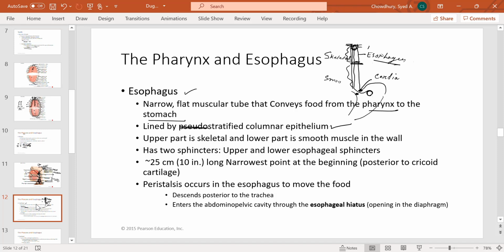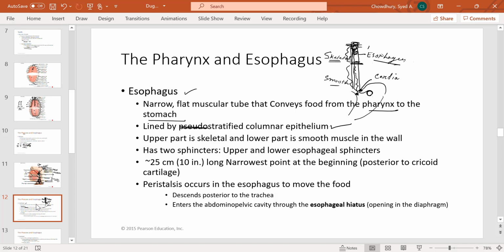So this is interesting, and you know, skeletal muscle is voluntary muscle, so you can control to some extent when the food is here, but if the food is here, you have no control. So esophagus has two sphincters.